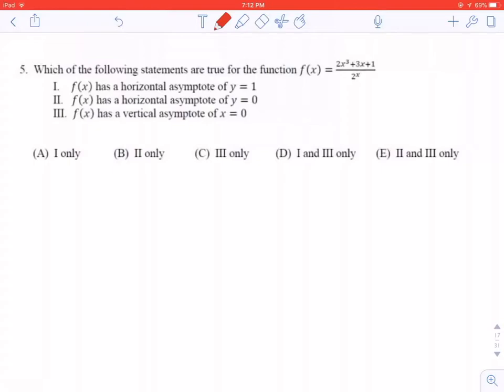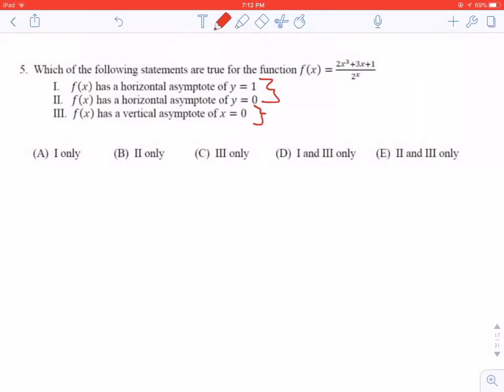Number 5, which of the following statements are true for this function? Let's look at our options. Option 1 or 2 we're talking about horizontal asymptotes. Option 3 is talking about a vertical asymptote. So why don't we find the vertical and horizontal asymptotes and see which of those statements are true.